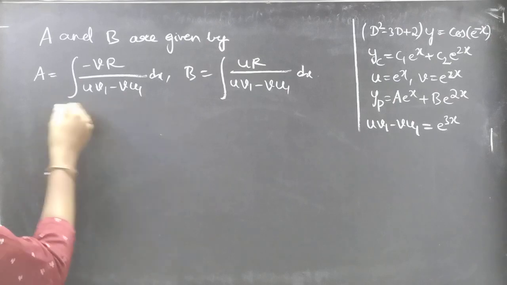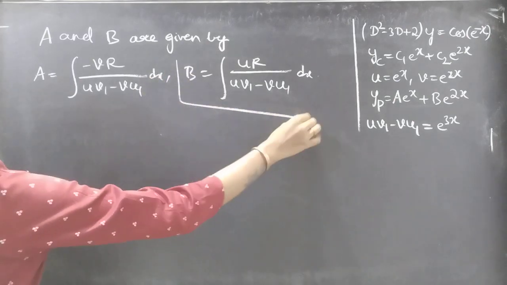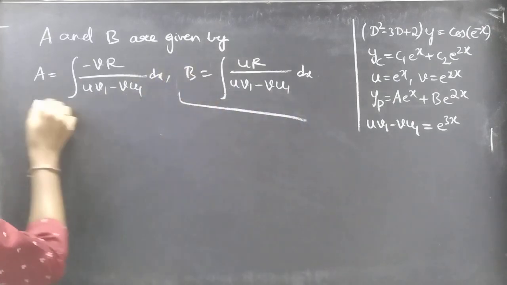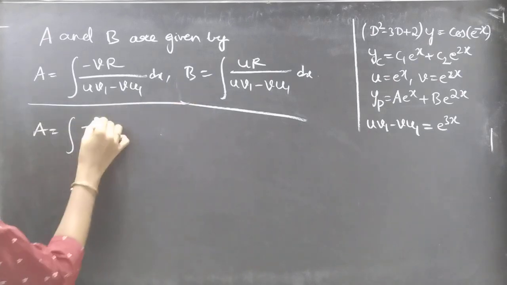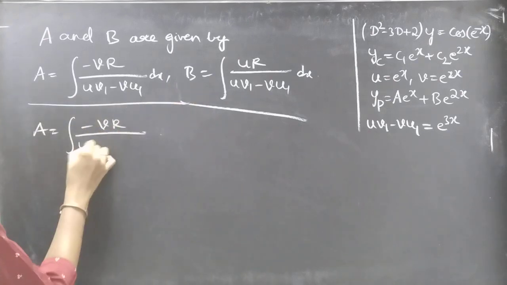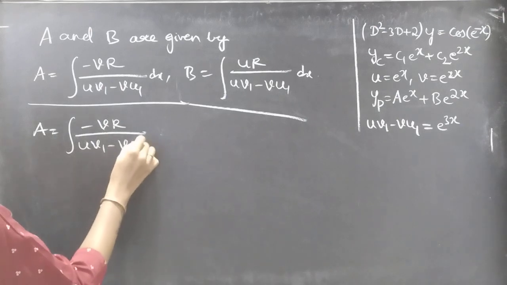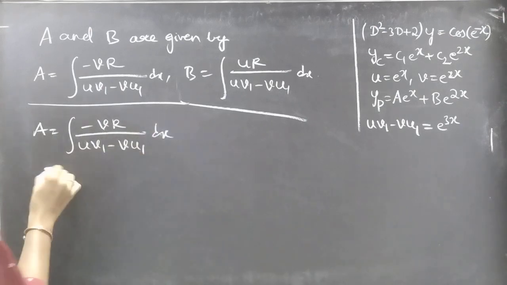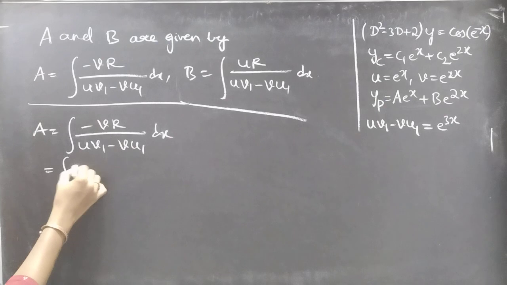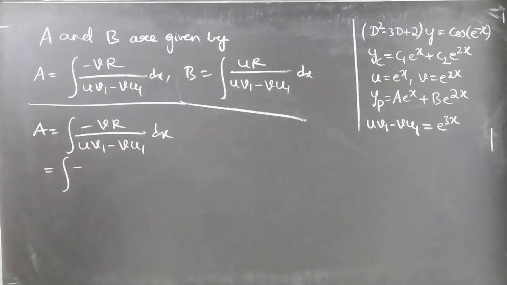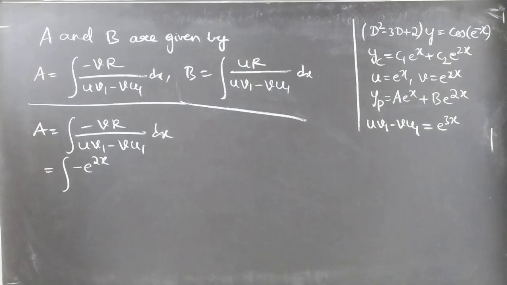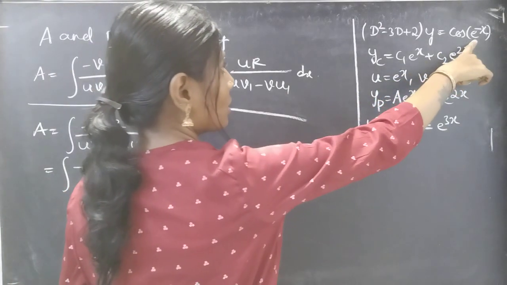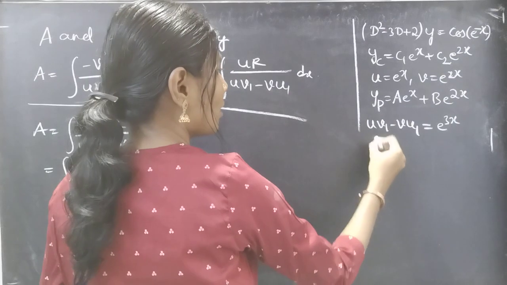See, A is given by integral of minus vr by uv1 minus vu1 into dx, right? This equals the integral of minus v, which is e^2x, into r. Here, cos e^(minus x) is our r.